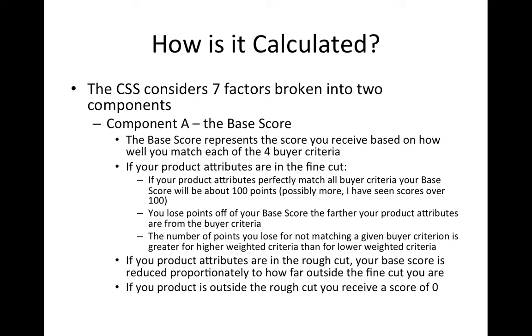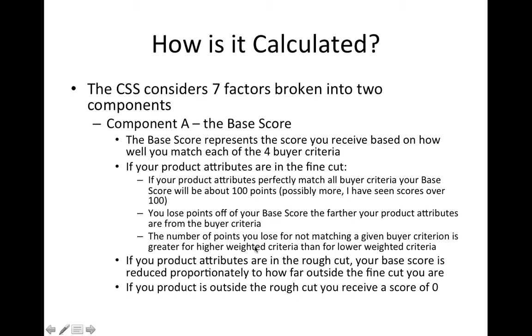So let's just say that because of 3 different criteria of the 4 criteria, you had a base score of 60, or let's just say 80. And then maybe it's your price, I don't know, but let's just say that your price is out in the rough cut. You're $4 below the fine cut range, and so you're 80% out into that.